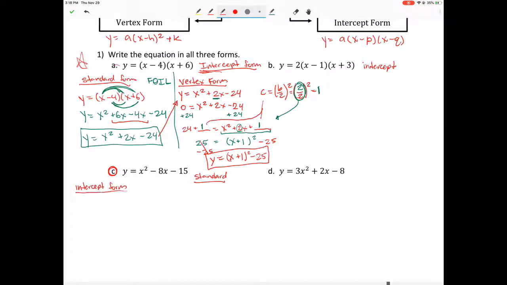Okay, so we're going to start using the exact same equation. We're going to write it in our standard form. And if you remember when we were factoring, because that's what we're going to be doing now, you multiply the first and last term.